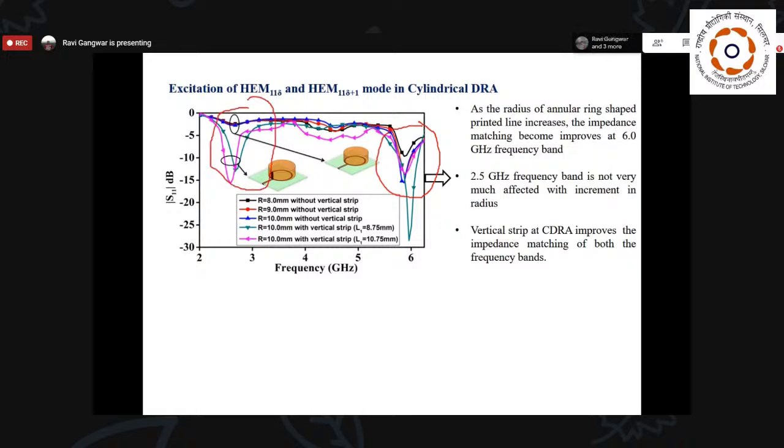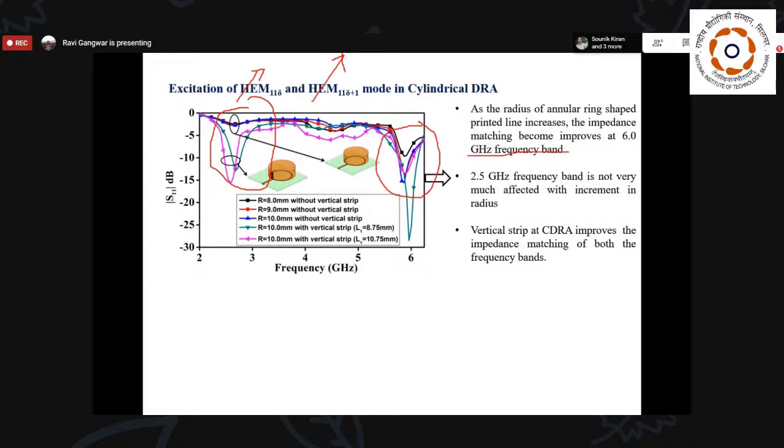So here we are able to get two different bands, which are created due to these two different modes generated inside the DRA. You can see that as the radius of the annular ring-shaped strip increases, the impedance matching improves at 6 gigahertz.